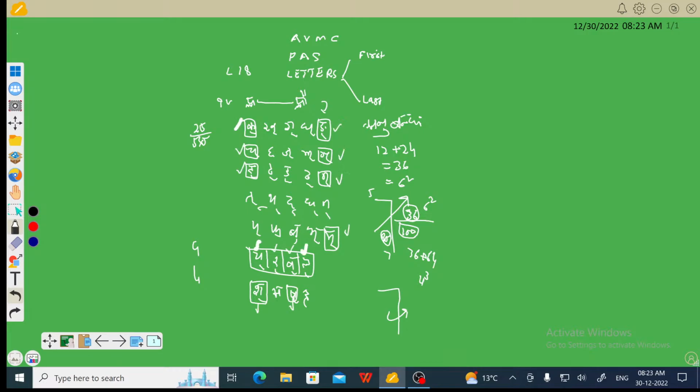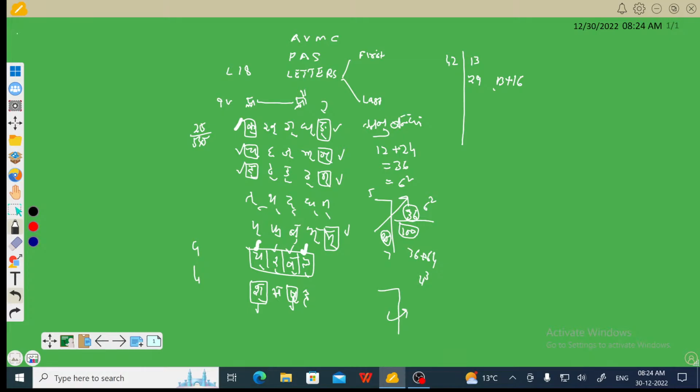Out of 42, 13 are the Anubandhas, so the rest remain 29, and 29 we know is 13 plus 16. It is in this context that we have to revisit the remaining letters of the Devanagari format.